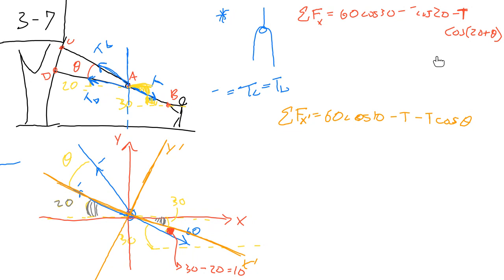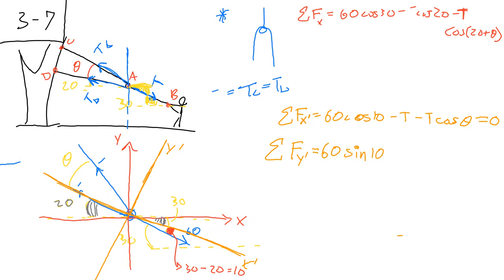Okay, so let's keep going. What was the question? Determine the tension. So we're trying to find t. Now let's do the y prime direction. The sum of the forces in the y prime direction equals 0, right? In the y prime direction, it's going to be minus 60 sine 10.